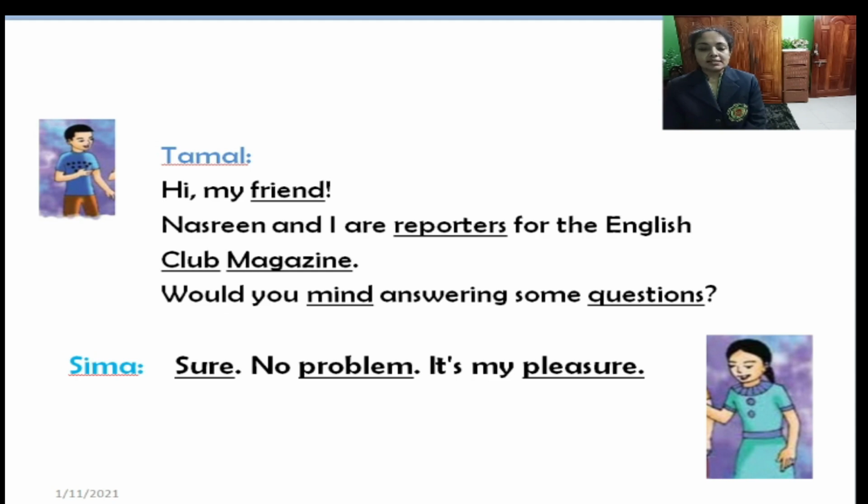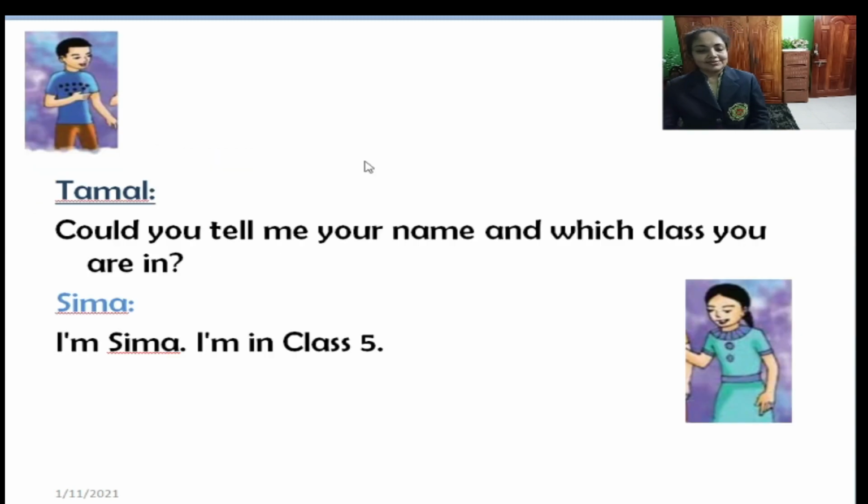Would you mind answering some questions?" Here we have noticed that Tamal has mentioned himself as a reporter for English Club magazine. Shima promptly replied, "Sure, no problem, it's my pleasure." That means Shima is happy to answer the questions of Tamal.